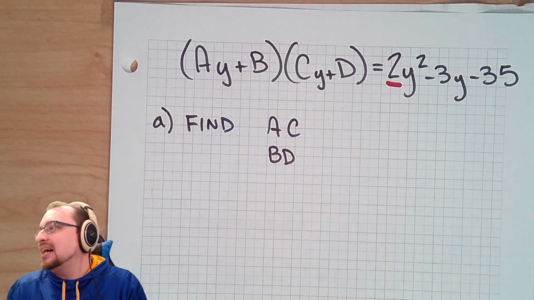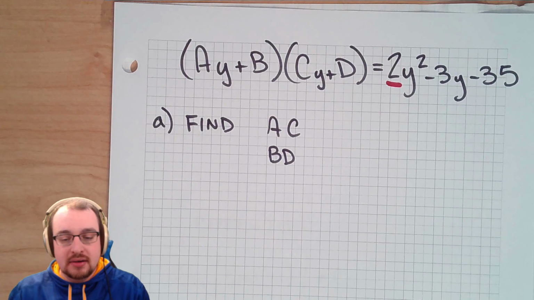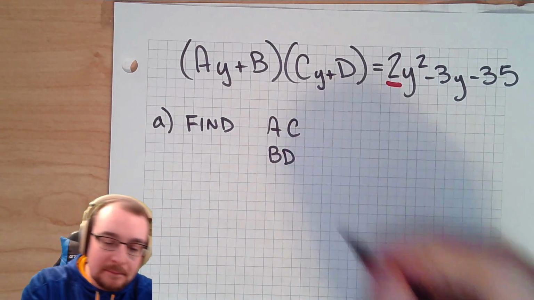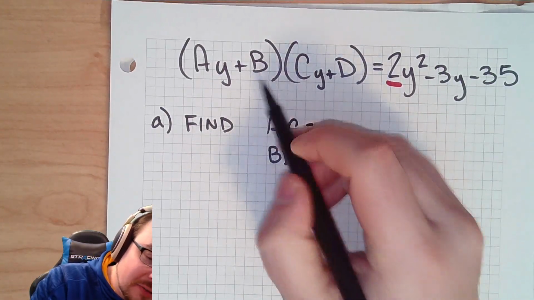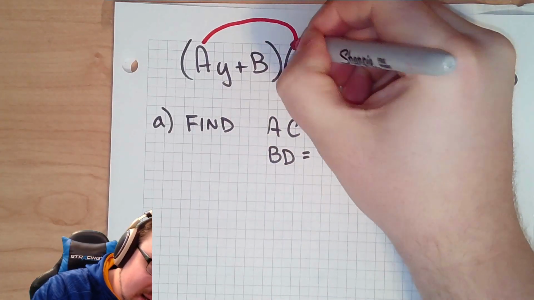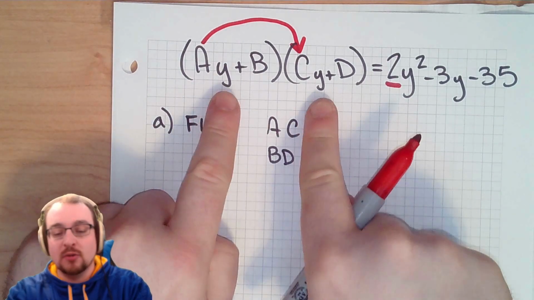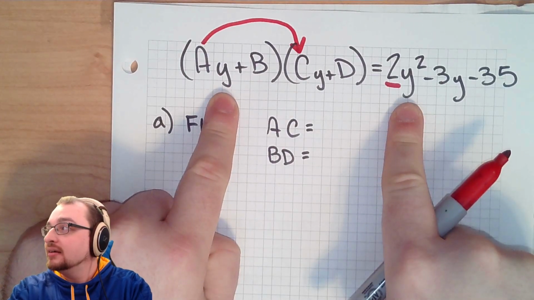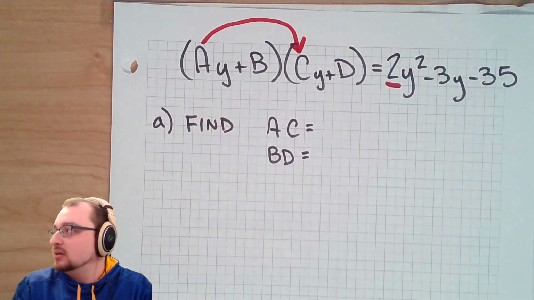Well, AC means A times C. So it wants us to find A times C, and it wants us to find whatever B times D is. If you notice, A times C is what gets us y squared. So A times C has to be 2.